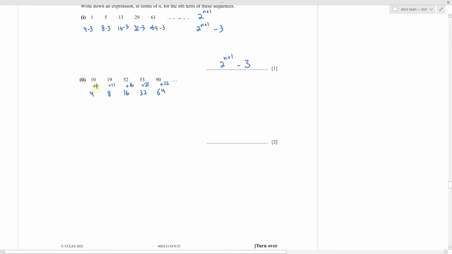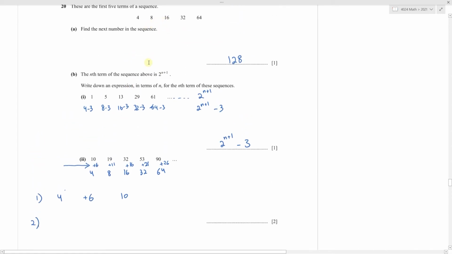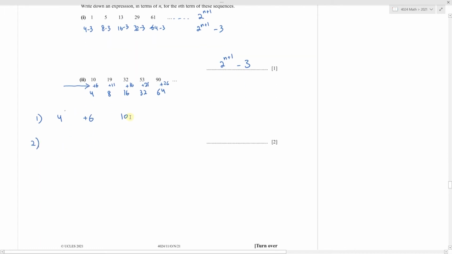So if you look at the amount that you're adding, let's look at this sequence here. You're adding 6. So for the first term you had 4 and then you added 6 to get this 10. For the second term you had 8 from the sequence above, and then you added 6 plus 5, which is 11.